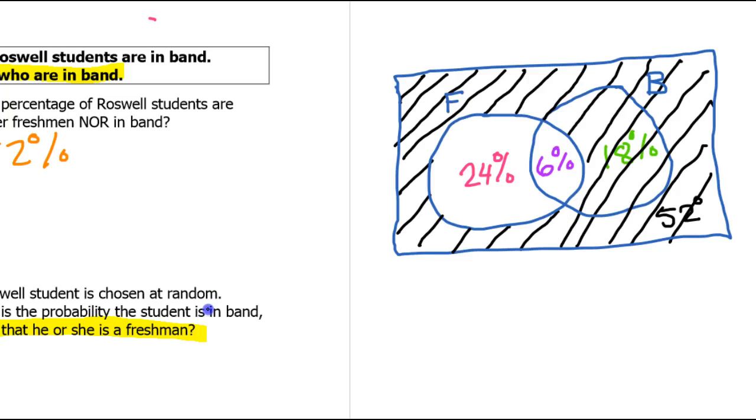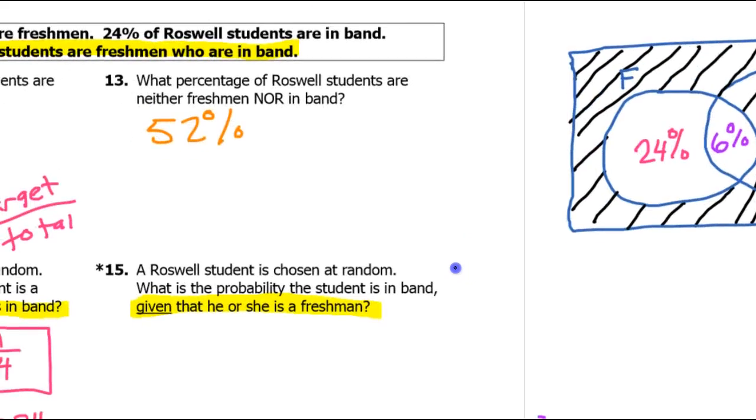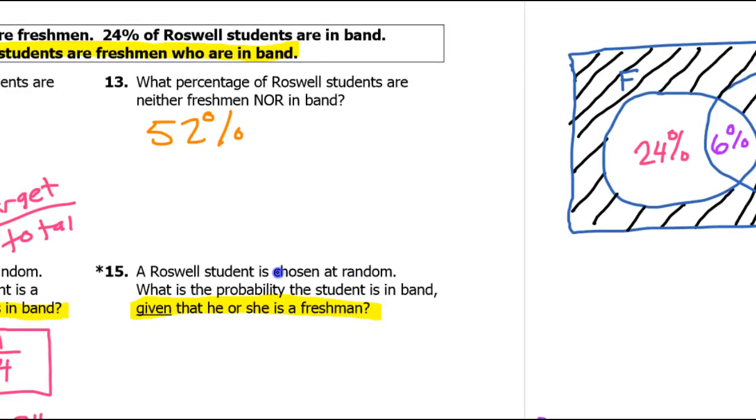So I shrank the universe down to a universe of freshmen. Now that I've shrunk the universe, I can do the probability. As soon as I see the word probability, once again, I immediately think target over total. We want to know the probability that the student is in band.